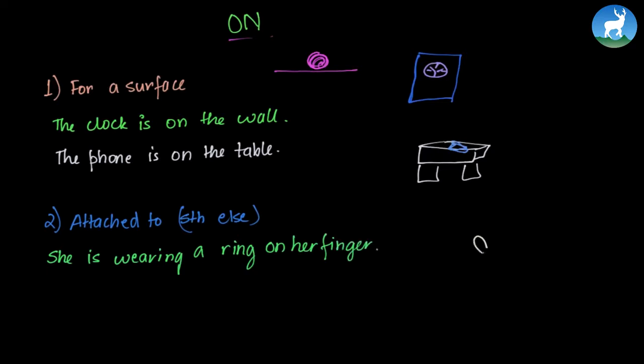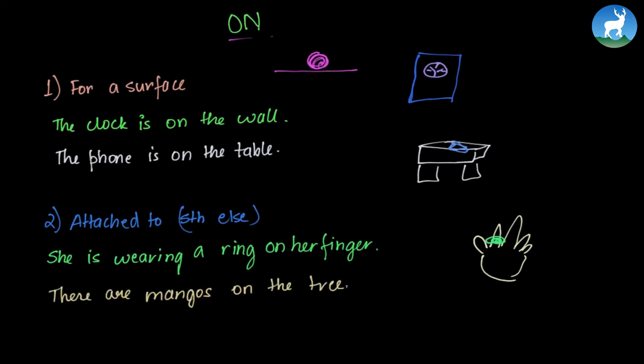Let's imagine this is a person's hand and this is a ring. We can see that the ring is attached to the hand, to the finger. So we can say she is wearing a ring on her finger. Another example, there are mangoes on the tree.